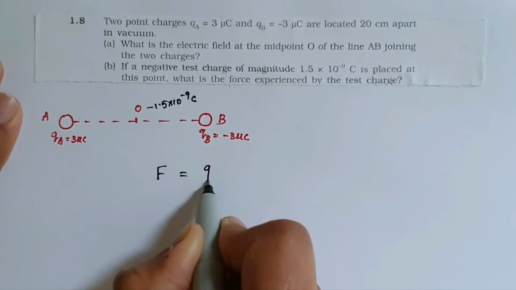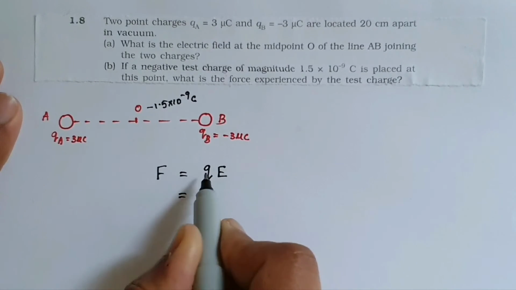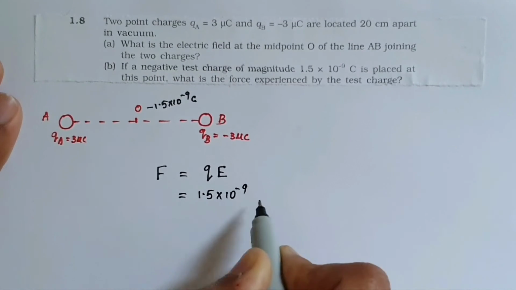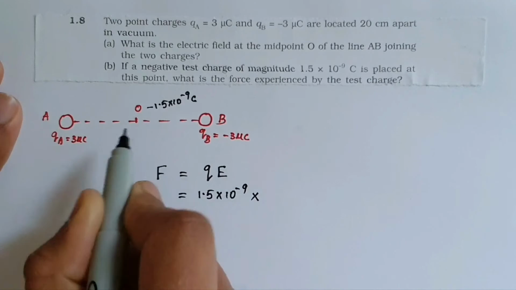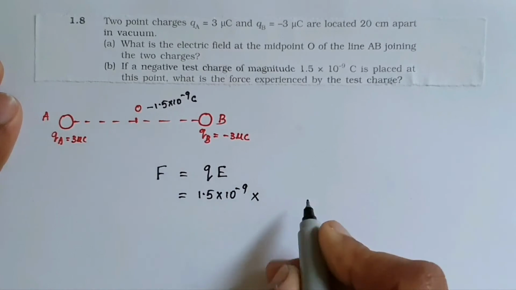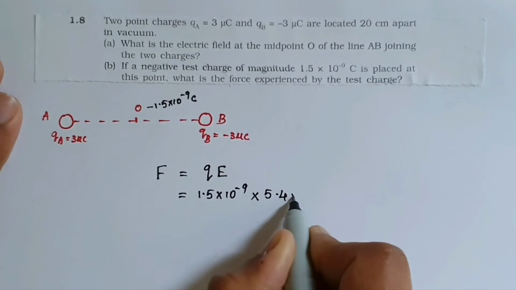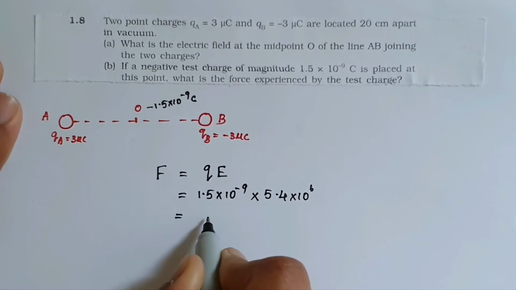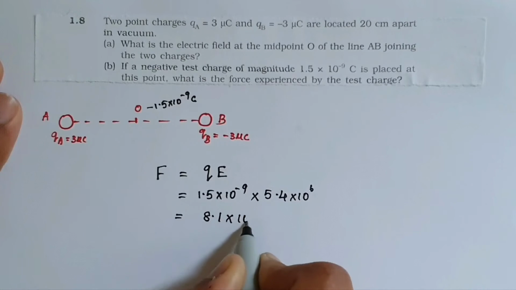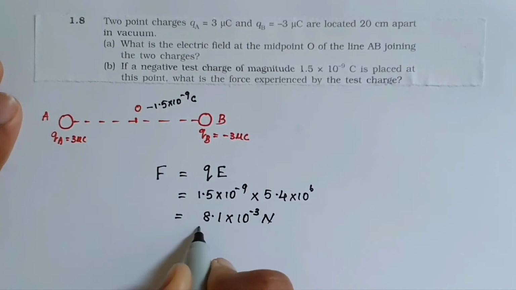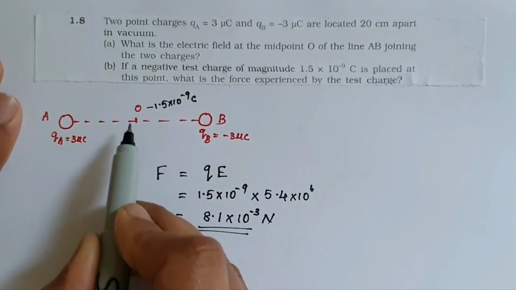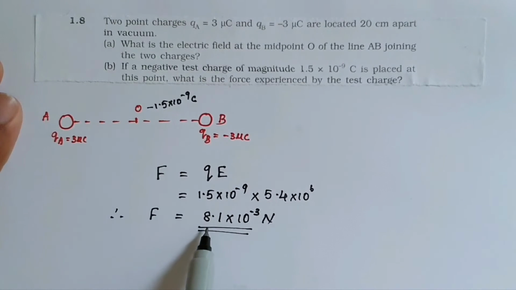That is F equal to QE. Now what is Q? It is 1.5 into 10 raised to minus 9 Coulomb into E. The resultant electric field at O is 5.4 into 10 raised to 6 Newton per Coulomb. This is equal to 8.1 into 10 raised to minus 3 Newton. Therefore, the force experienced by the test charge is 8.1 into 10 raised to minus 3 Newton.